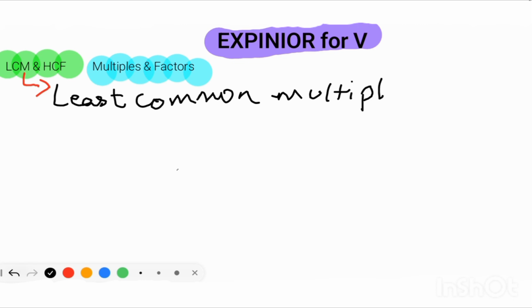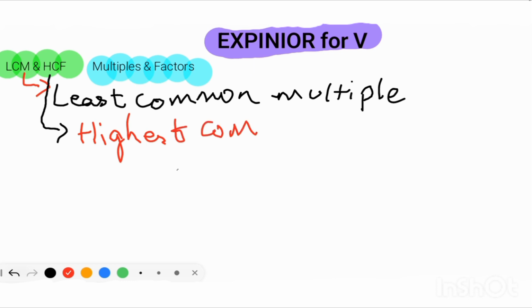Okay, so you understood, right? Least common multiple. And the full form of HCF is highest common factor. So put this in your brain.